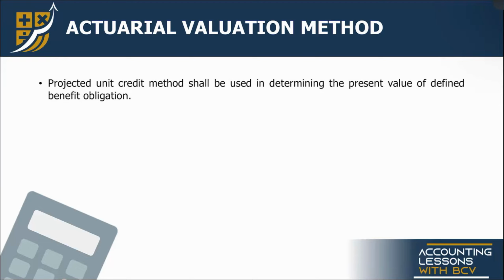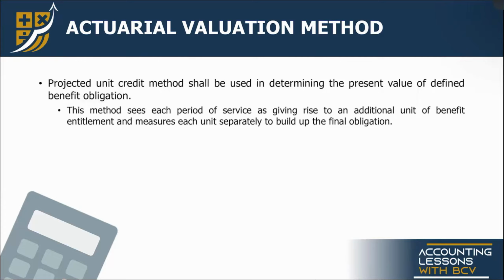So this will be the method that we will be employing when we are to determine the present value of our defined benefit obligation. Sir, ano nga ba itong projected unit credit method? Ano ba ang kanyang characteristic? Okay. So, projected unit credit method sees each period of service as giving rise to an additional unit of benefit entitlement and measures each unit separately to build up the final obligation.